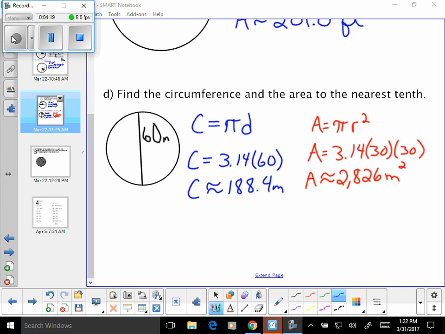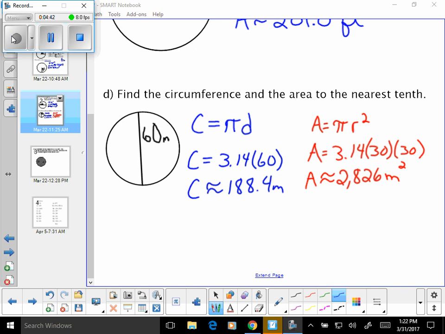All right, class, here is the circumference, pi d, since they've given me the diameter. You could have used 2 pi r, then you would put in 30 instead of 60. I chose to use the formula for diameter, 188.4 approximately meters. Remember, it's not square units when you're doing circumference.